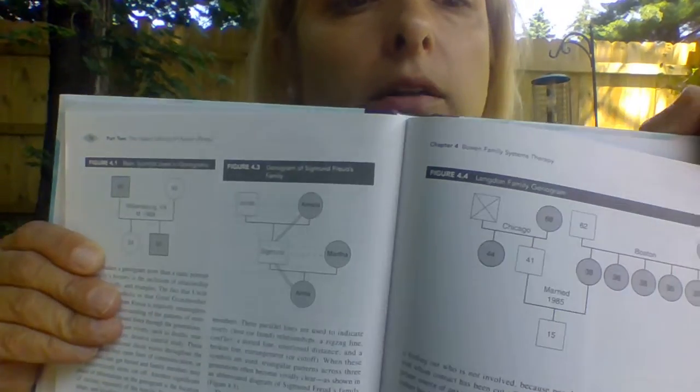Men are represented by squares, and women we're going to use circles, with their ages inside the figures. Horizontal lines indicate the marriages with the date of the marriage written on the line, and then vertical lines connect parents with children. So we're going to do that about 3 generations, and this is kind of like an example diagram. You can see that.